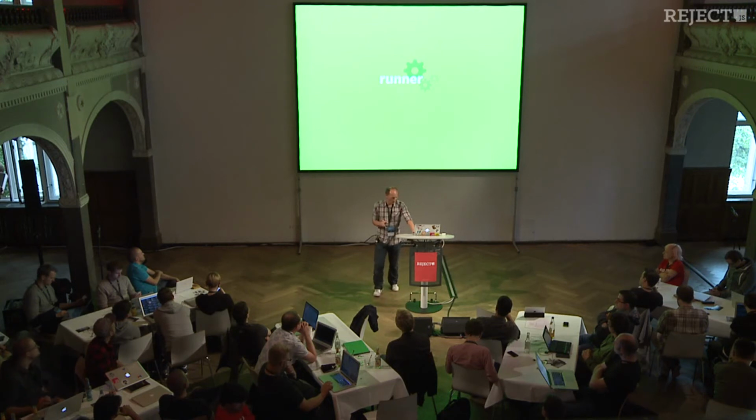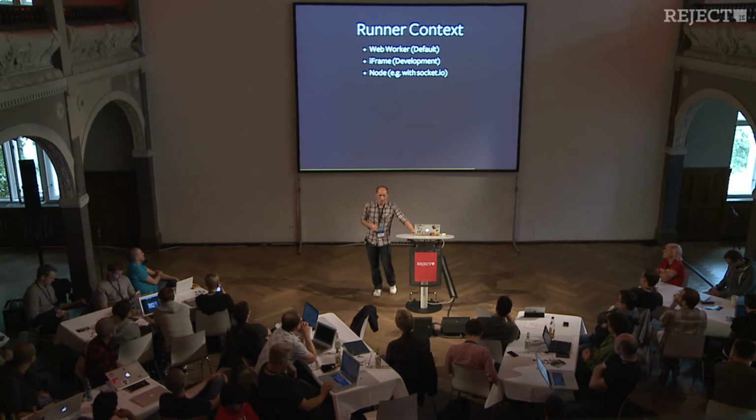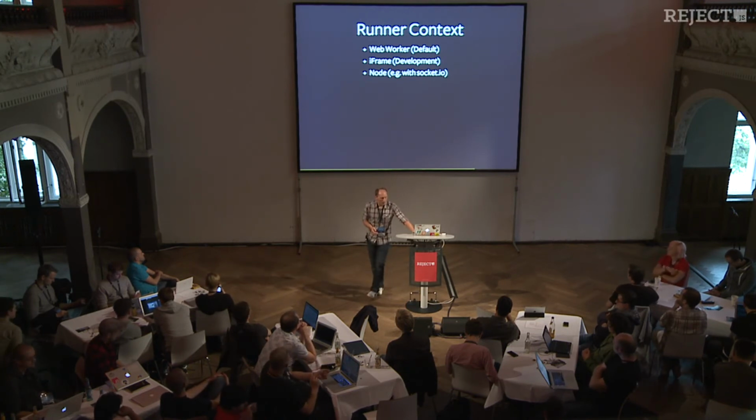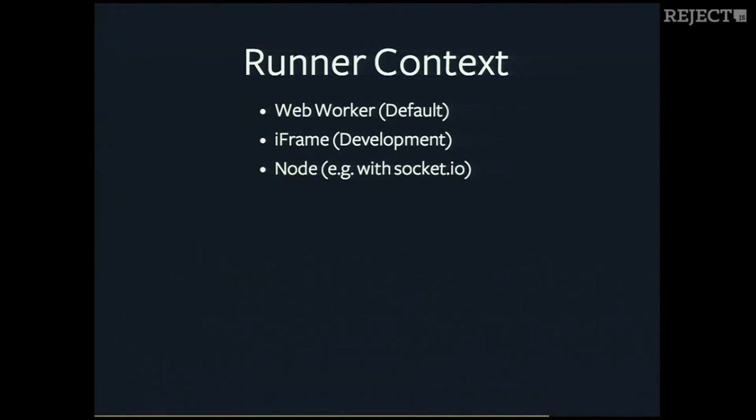OK, let's go a little bit into detail about the runner. I think most of the information is already clear. So what can the context be? WebWorker is used by default. So, an iframe environment: I would choose the iframe environment while developing, because mostly the dev tools support of your browser is much better for an iframe than a WebWorker.